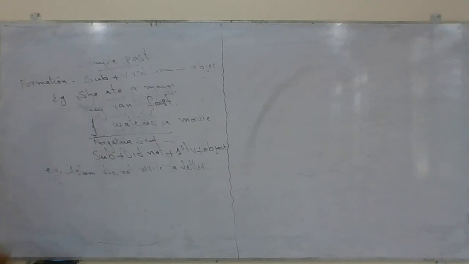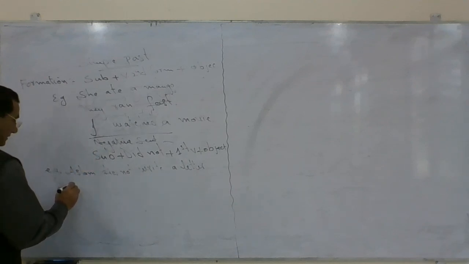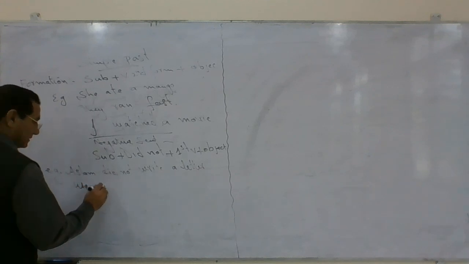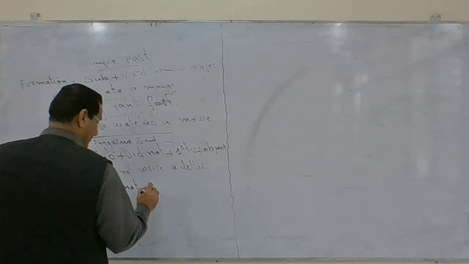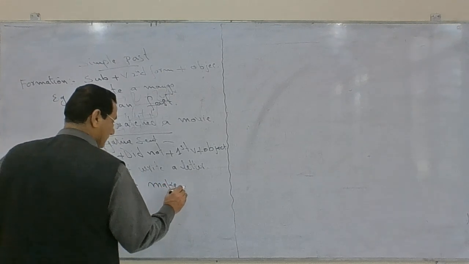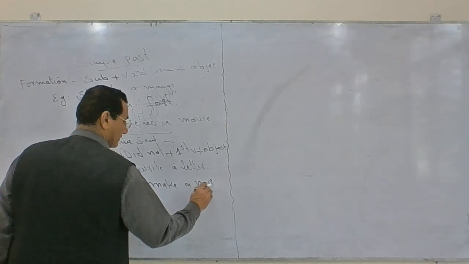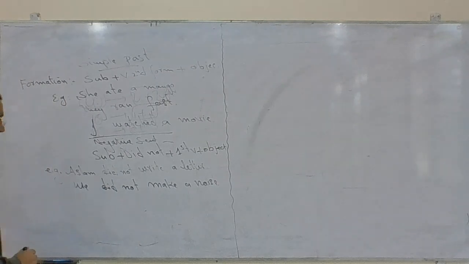So just as I told you before that the second form is used, did is the second form of do. And when you use did, then the main verb takes its first form. We did not make a noise.